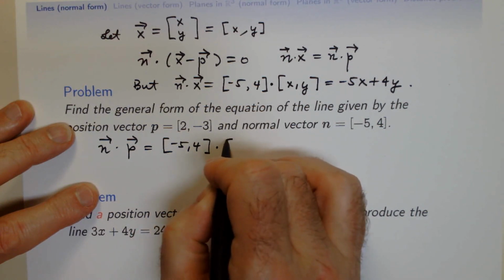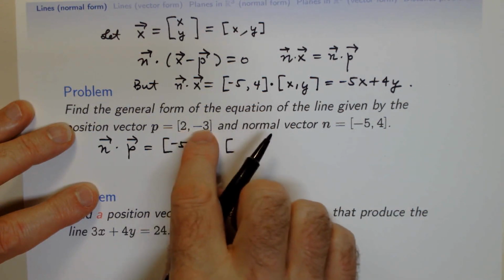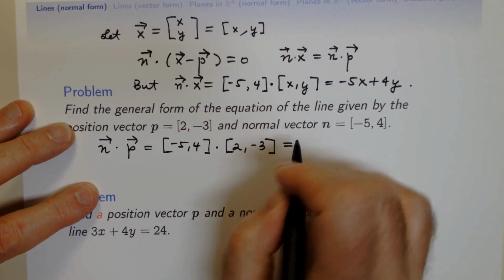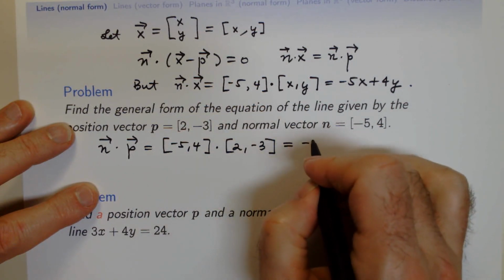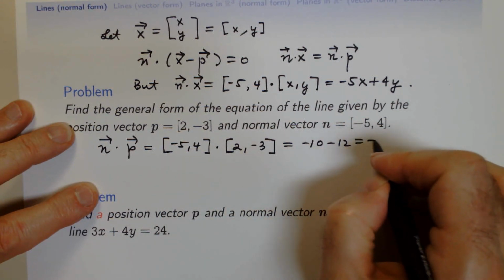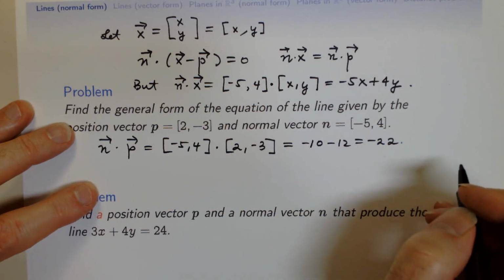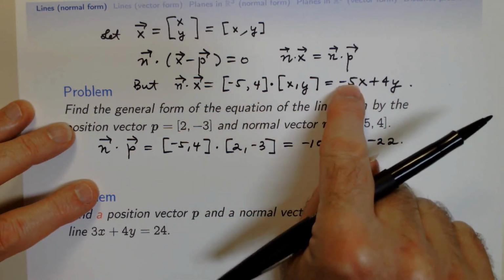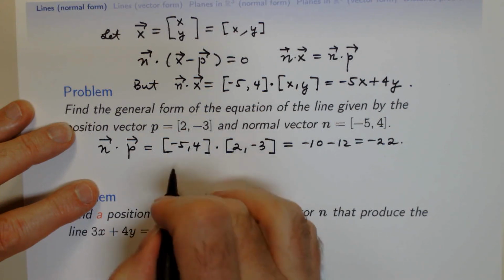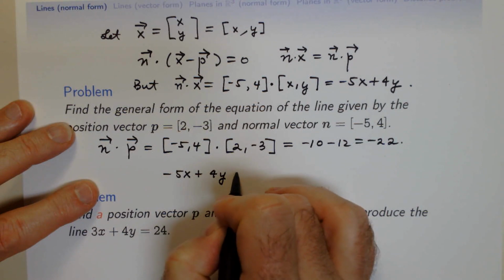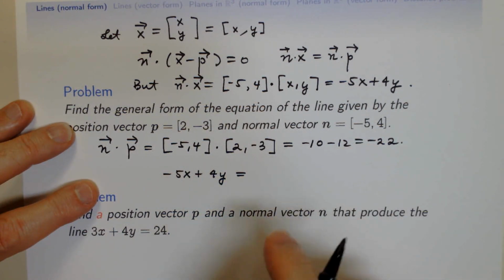Negative 5, 4 dotted with 2 comma negative 3. And that will be a negative 10 minus 12, which is negative 22. So the equation of our line, which is given by this relationship, is going to be negative 5x plus 4y is equal to negative 22.